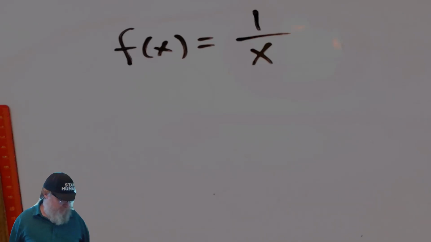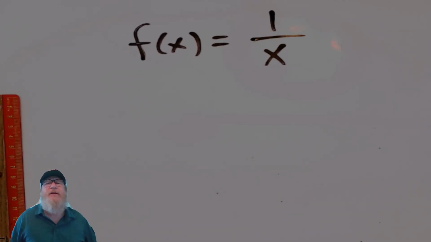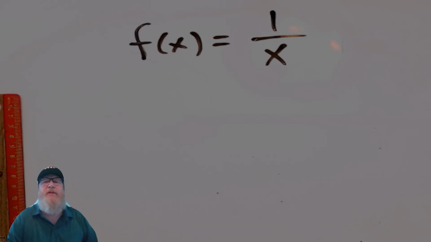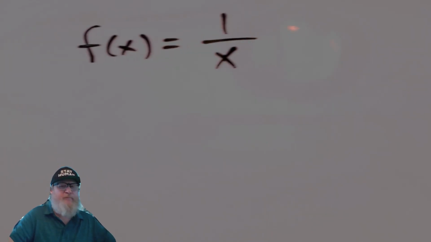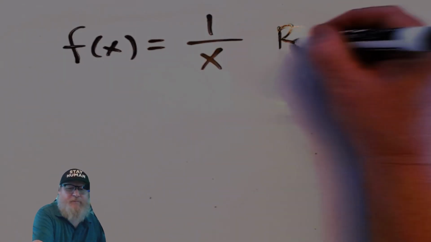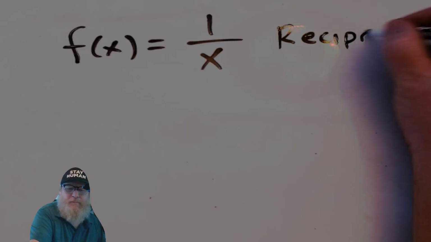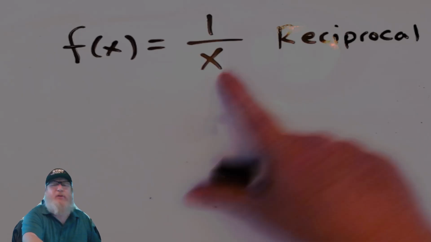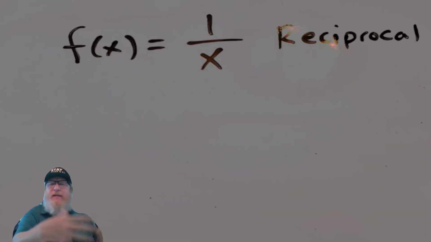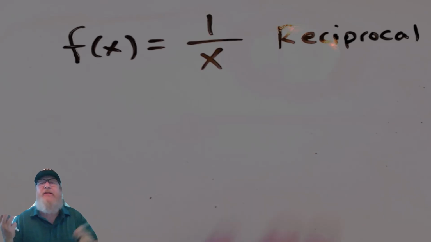I'm keeping this one to the ones that I find the most useful in this course. So this is called the reciprocal function. Notice the x is in the denominator. So 1 over anything, any input, is called the reciprocal of that input.